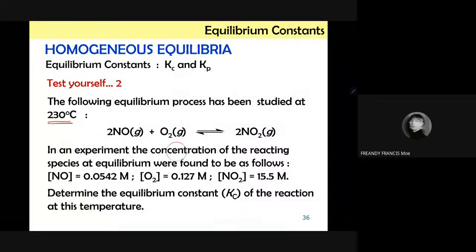In an experiment, the concentration of the reacting species at equilibrium were found to be as follows. NO sama dengan 0.0542. O2 0.1227. NO2 sama dengan 15.5. Determine the equilibrium constant Kc of the reaction.